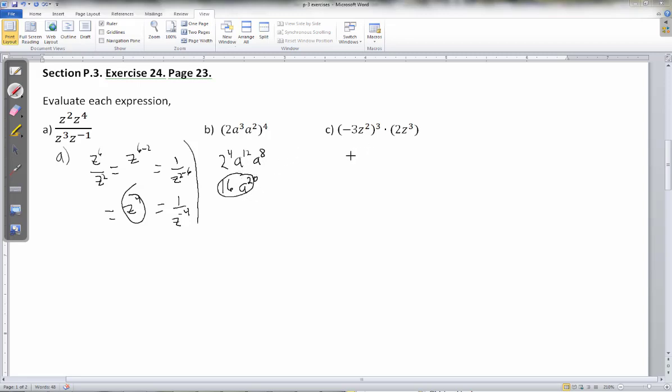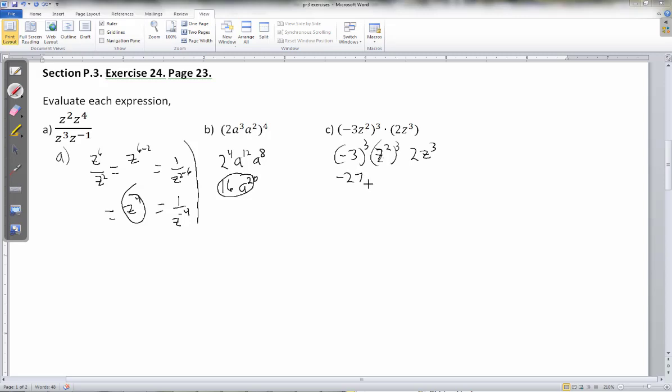And then here, on part C, looks like I have to distribute first. So negative 3 to the 3rd, z squared to the 3rd, times 2 z to the 3rd.